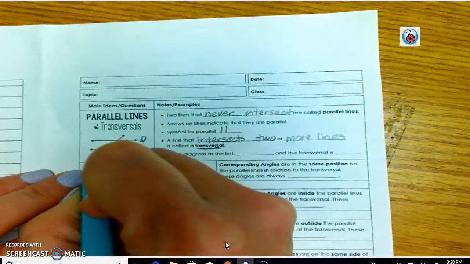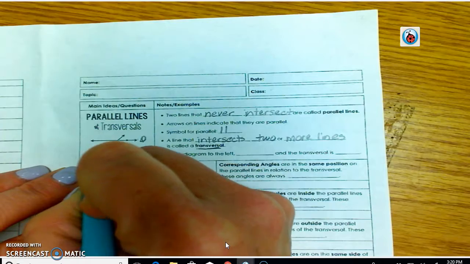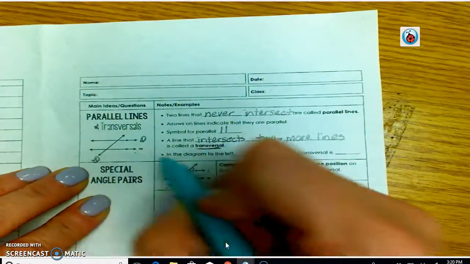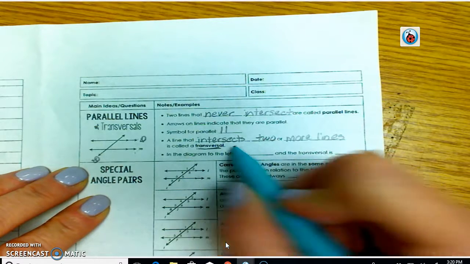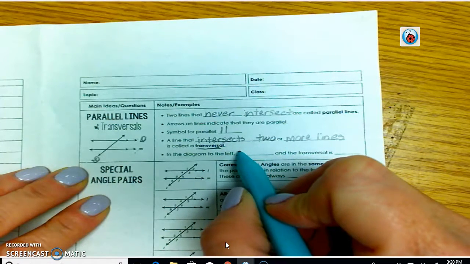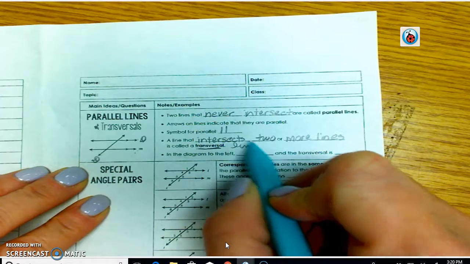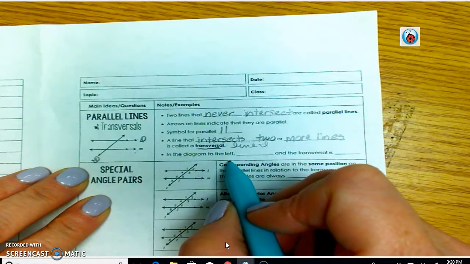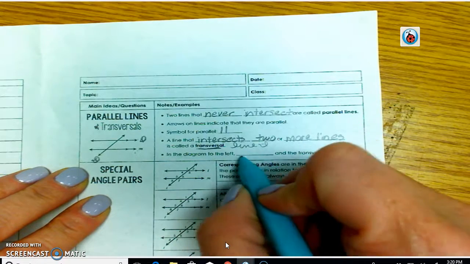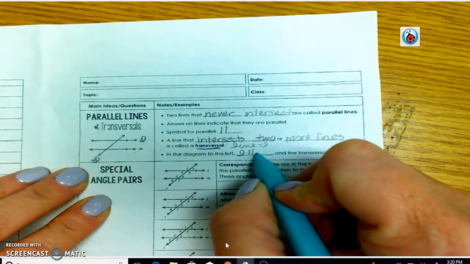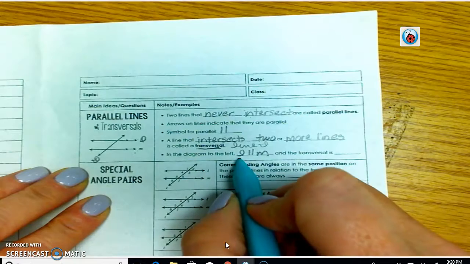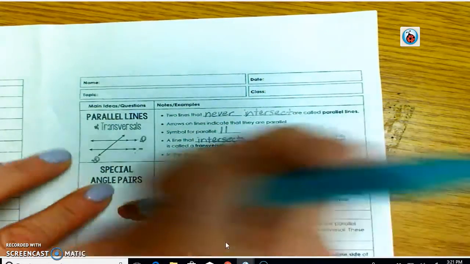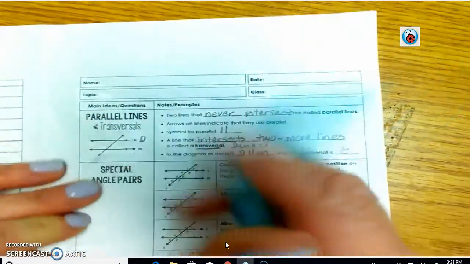This looks like L. I don't know if that's an I, but that line would be your transversal. We're just going to call it line T. In the diagram to the left, we've got L is parallel to M, and you want to be sure to do L in lowercase cursive. And the transversal is T. That's a T right here, so let's make that a T.